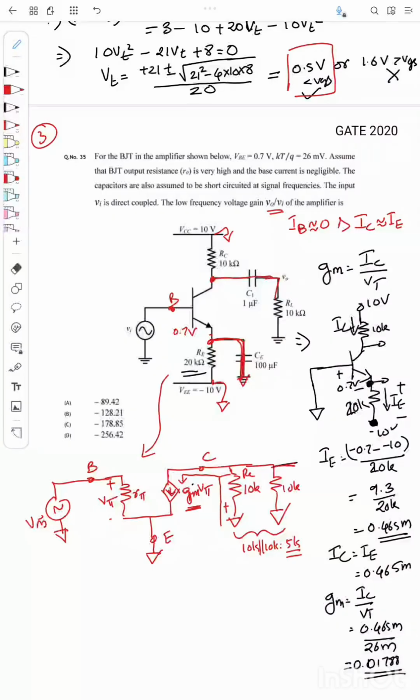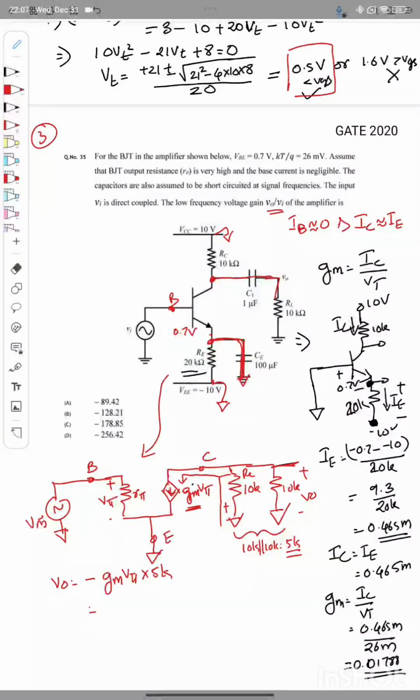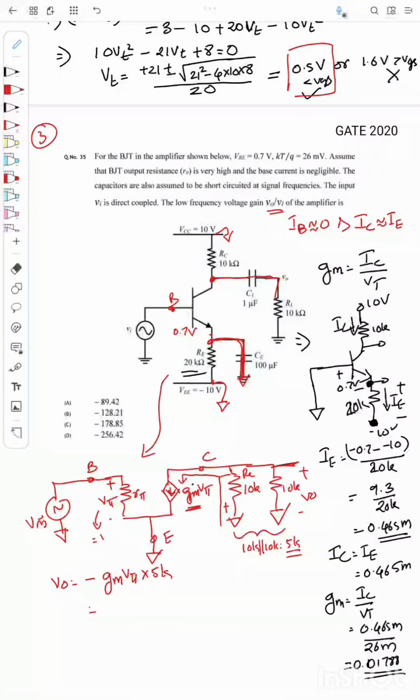V out is the voltage across this. So V out will be equal to minus GM V pi into 5k. From the circuit, V pi is same as V in, right? V in is the voltage across R pi itself. So I can substitute it as minus GM V in into 5k, or V out by V in is minus GM into 5k.